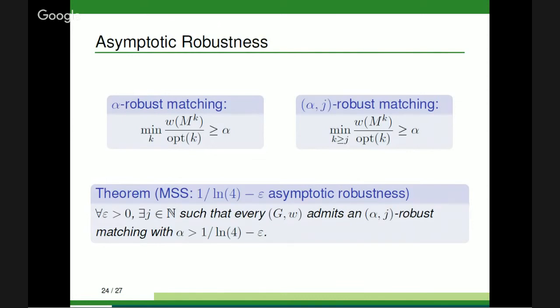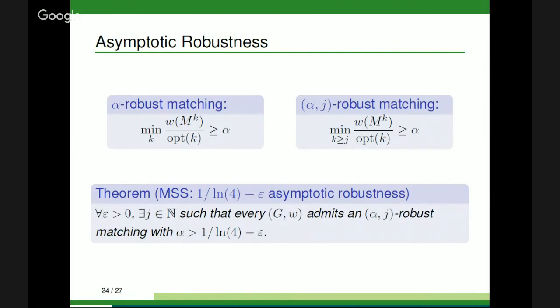And this is the last result we showed: if you're playing this alpha j robust matching game, so if you're allowing Bob only to select large matchings, then Alice can select a deterministic matching, not a distribution, that almost achieves this 1 over ln of 4. So essentially, the bad examples are only for small cardinality.